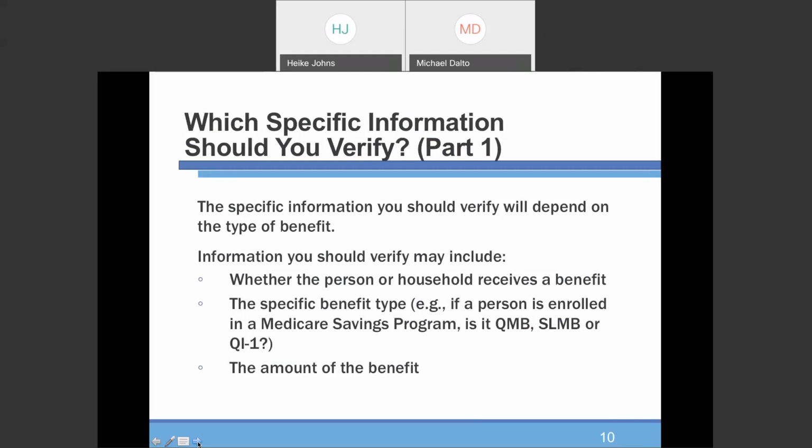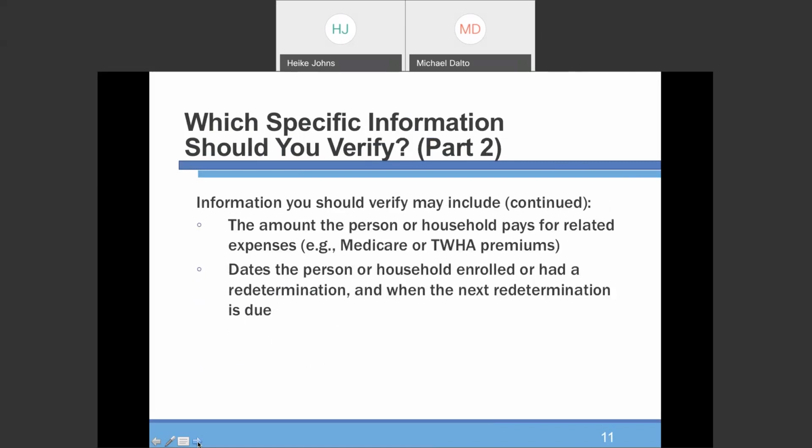The specific benefit type a person is getting, for example, if they're enrolled in a Medicare savings program, which one is it? QMB, SLMB, or QI1? You want to verify the amount of any cash benefit they're getting. You want to verify the amount that the person or the household might be paying for expenses related to the benefit.